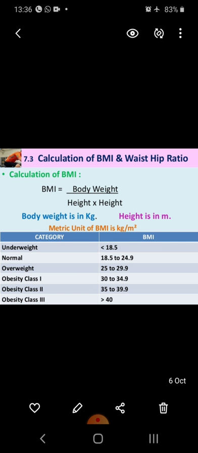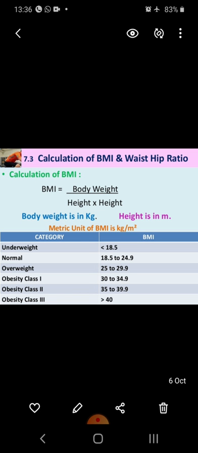If a person's BMI lies between 18.5 and 24.9, that person is normal, fit. And if a BMI lies between 25 and 29.9, that is overweight.